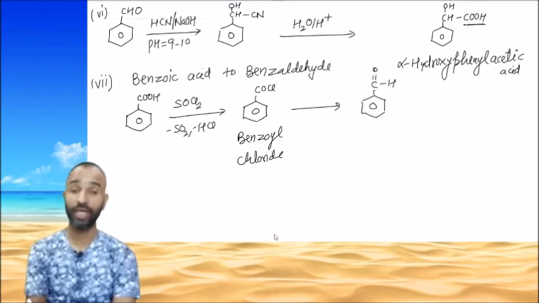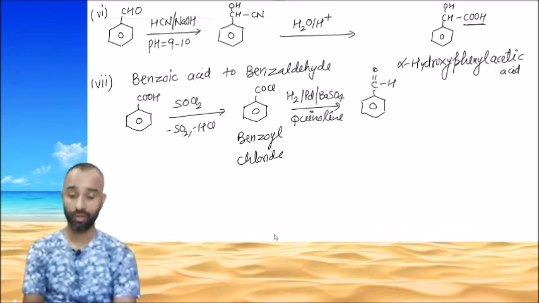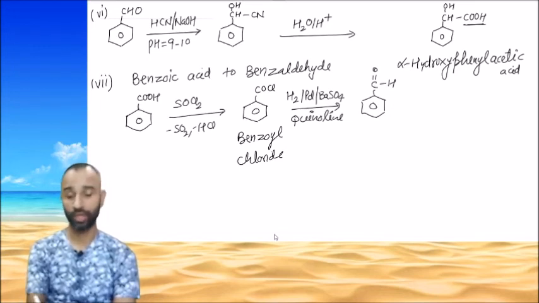benzaldehyde by Rosenmund reduction, that is H2/Pd on barium sulfate in the presence of quinoline acting as catalytic poison. So this is called Rosenmund reduction.